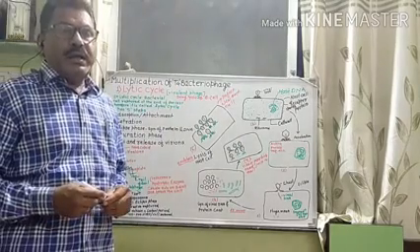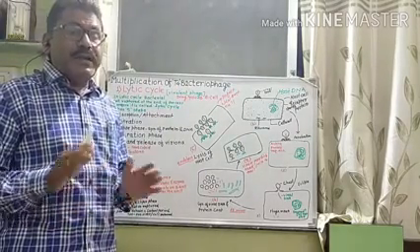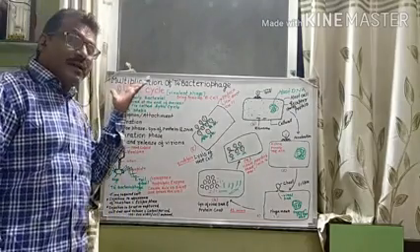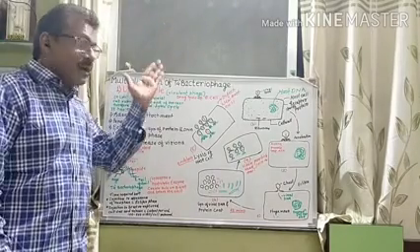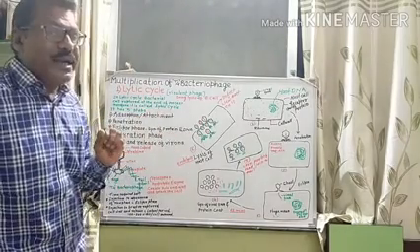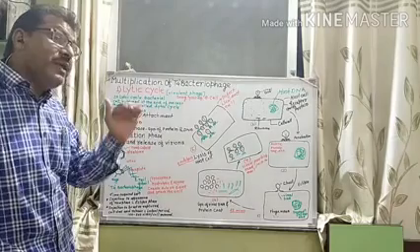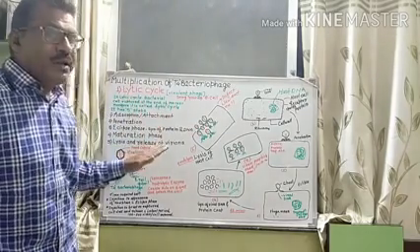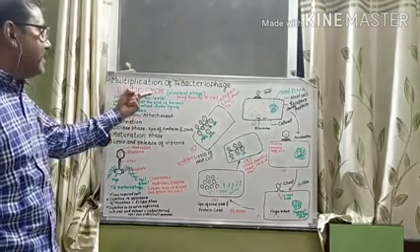Generally the life cycle is completed in two ways. The first way is the lytic cycle and the other is the lysogenic cycle, which we will see in the next period. In today's lecture we see only the lytic cycle.